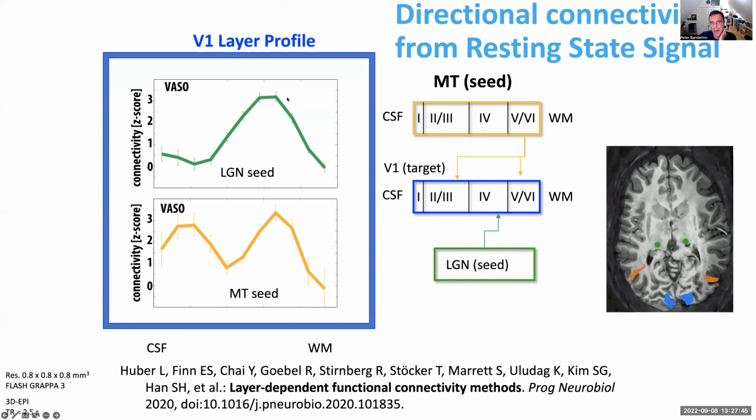You could discern that this was lower than V1 based on picking a seed here and seeing that there's a hump here. If we picked a seed in MT, which is higher than V1, you could see that in V1, the layer profile, this is looking at the same signal, but just how well it correlates with the seed, correlates much better with the seed in MT in this double hump manner. So that was great. Very clean, very nice demonstration of these two canonical functions that we're seeing again and again and again.